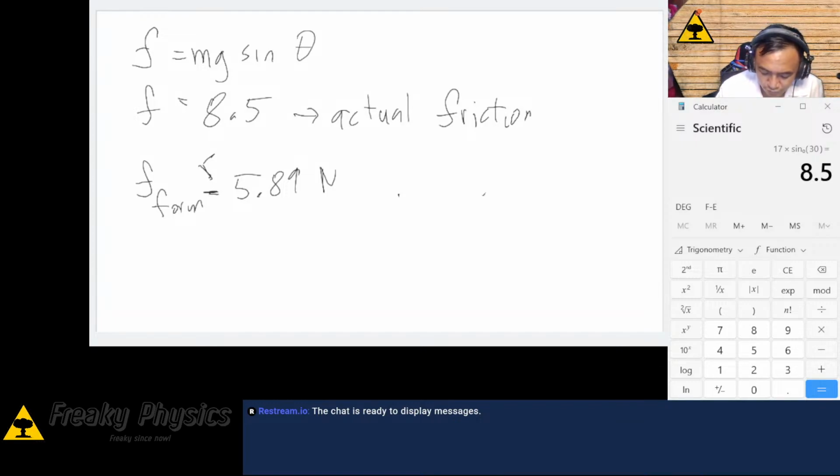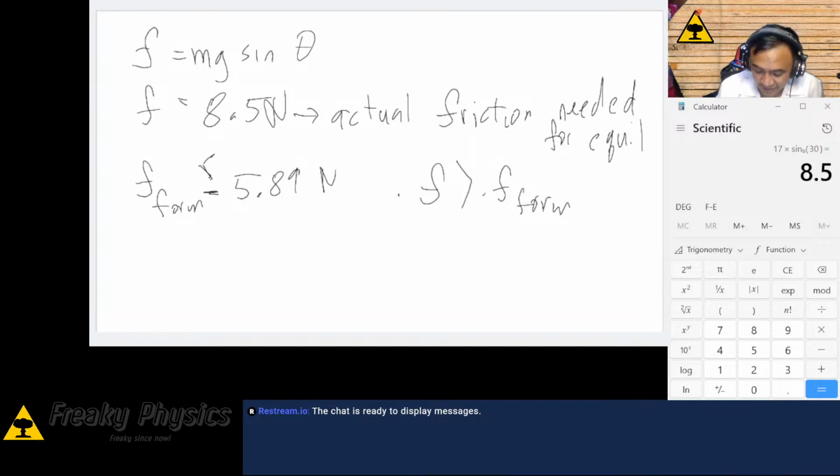So what's actually happening? According to this, the actual friction needed is 8.5 newtons, but your friction just due to the situation, given the coefficient of friction, is 5.89. So in this case, F is larger than F formula, right? This is the actual friction needed for equilibrium.